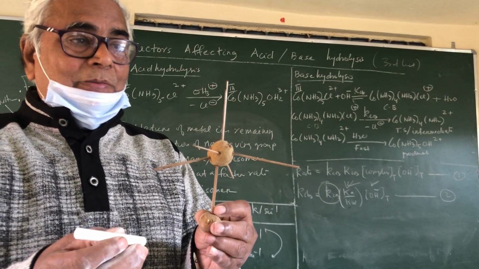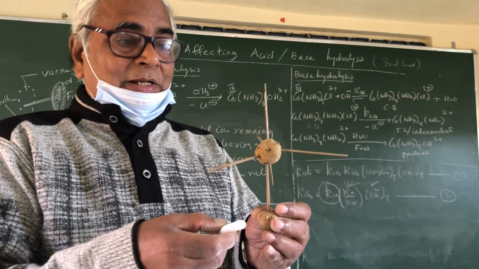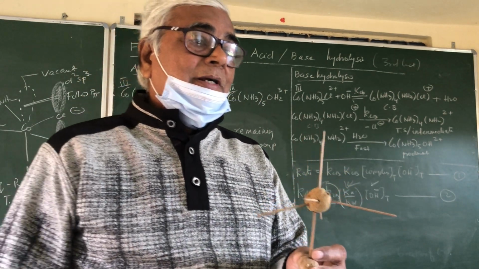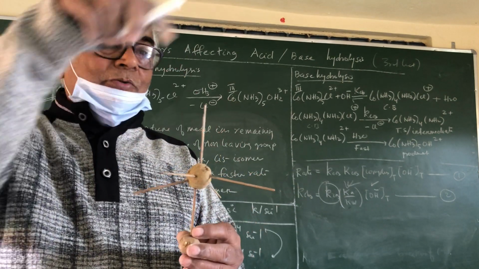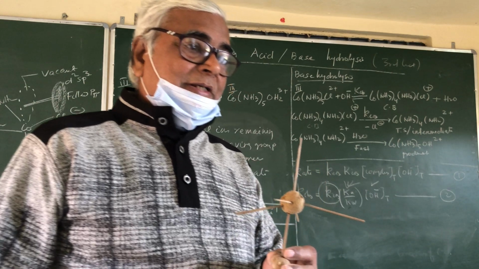So which orbital is available for pi bond? 3px and 3py. So these orbitals cannot form a pi bond with the d2sp3 orbital. Therefore, in the square pyramid intermediate, pi bond formation is not possible.